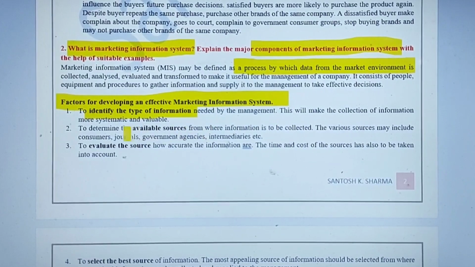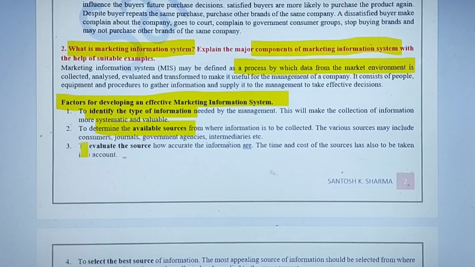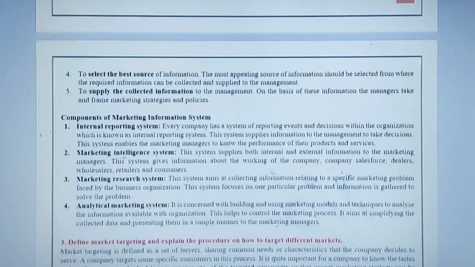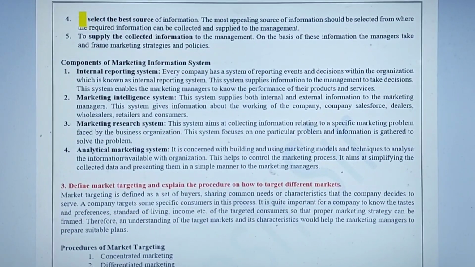Then what are the sources available to collect this information? Then he will evaluate the information collected, and after that he will choose the best source of information, and lastly he will supply the information to the top management so that they can take a good decision.